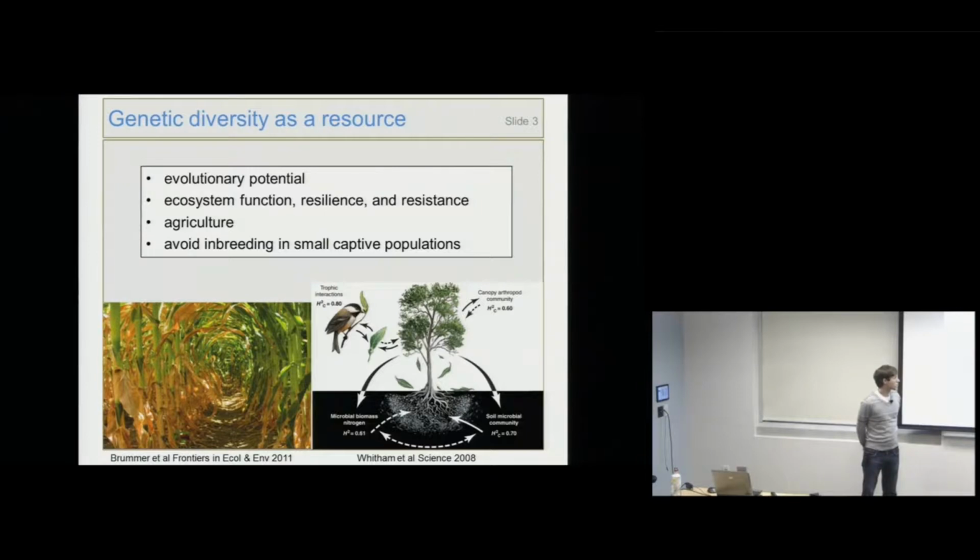There's an increasing body of evidence that shows that genetic diversity contributes to various ecosystem processes and ecosystem resilience, the ability of an ecosystem to withstand or to bounce back from disturbances. We also know that genetic diversity may contribute valuable traits to agriculture, such as drought resistance. And then we also know that small populations that are lacking in genetic diversity may experience some detrimental effects of inbreeding.